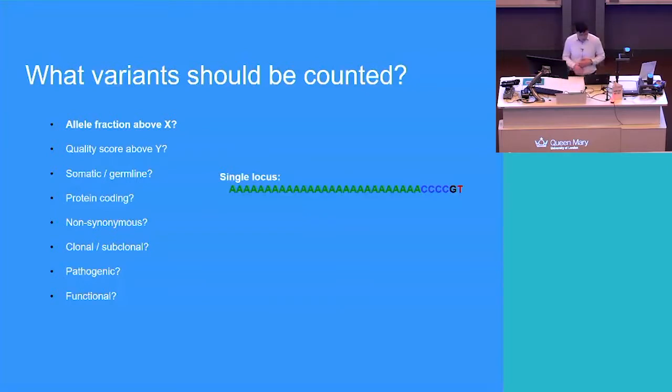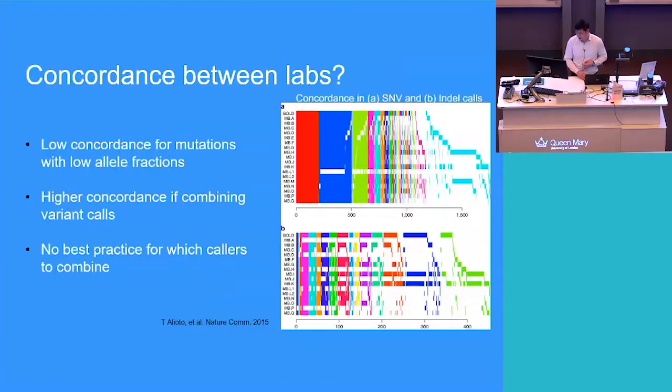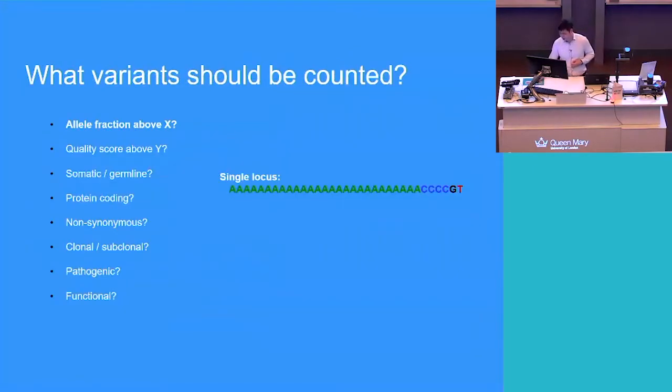But in this case, we focused more on the allele fraction, to look at what allele fraction is sufficient for us to identify a variant that may be prognostic. Okay.